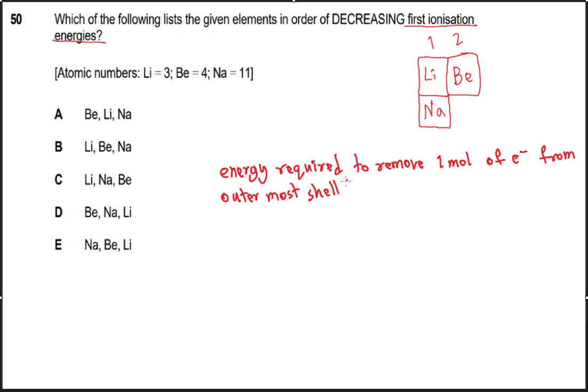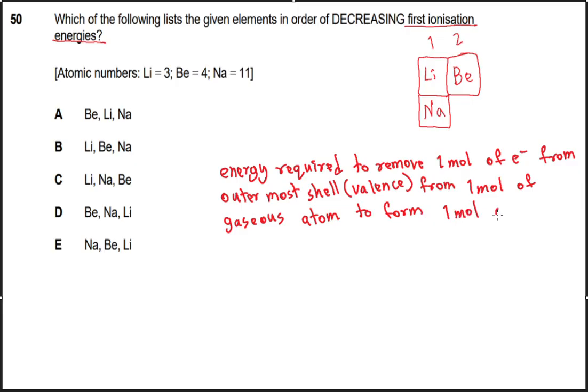So it's 1 mole of electrons from the outermost shell of 1 mole of gaseous atoms to form 1 mole of gaseous ions.